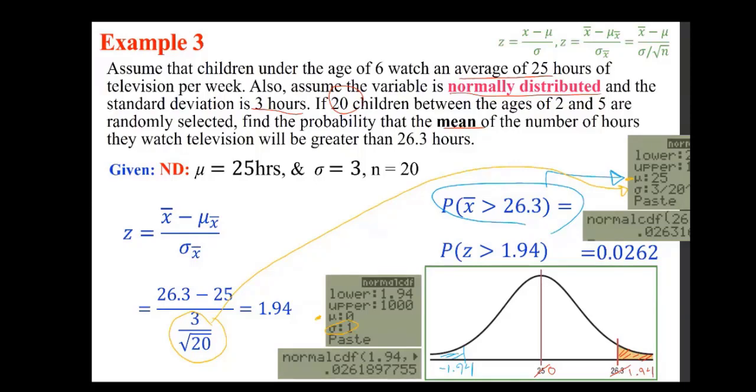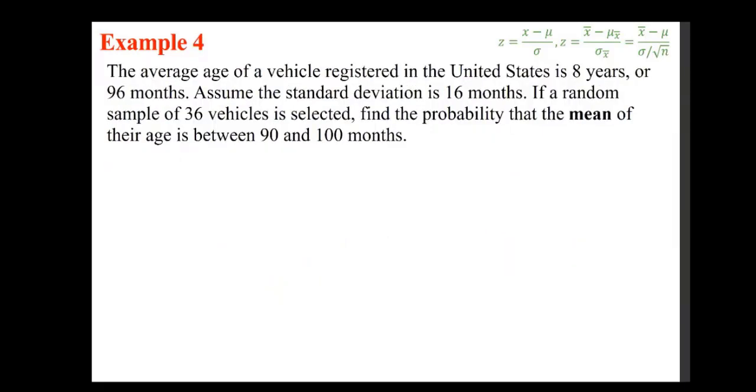So we discussed the question and the technology. The average age of a vehicle registered in the United States is 8 years, or 96 months. Assume the standard deviation is 16 months. If a random sample of 36 vehicles is selected, find the probability that the mean of their age is between 90 and 100 months.